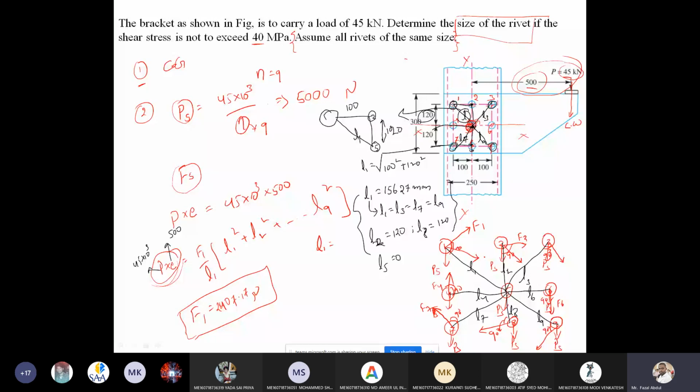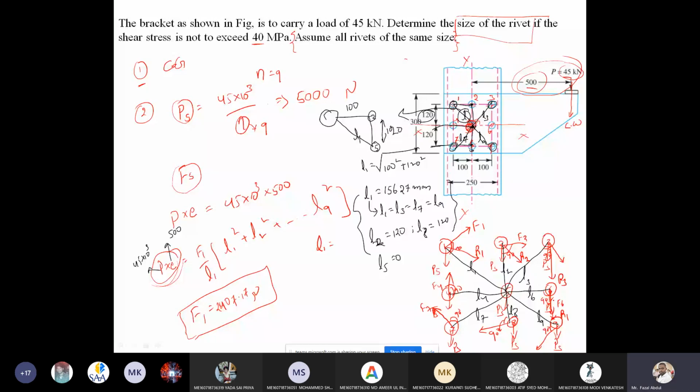So R1, R2, this is R3, and the resultant for the sixth rivet is along the two forces, because the two forces are collinear and passing in the same direction, that is R6.